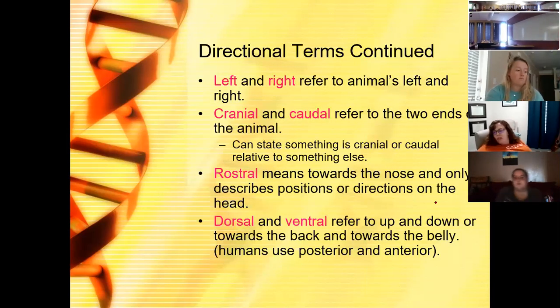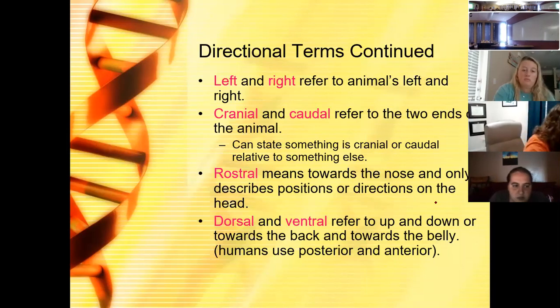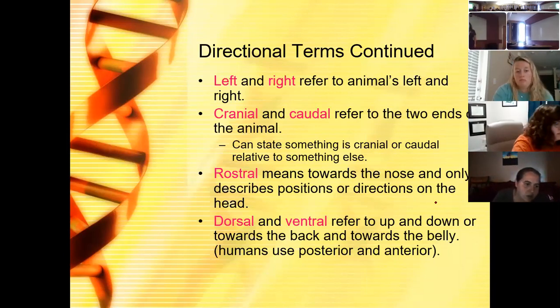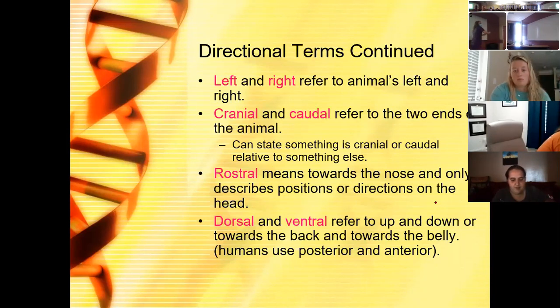These are just the actual definitions. If you didn't know what left and right meant, cranial, caudal, we've gone over all of these. Cranial, caudal refers to towards the head, towards the tail. Rostral is specific for the face, towards the nose. Dorsal, towards the back, ventral, towards the front.